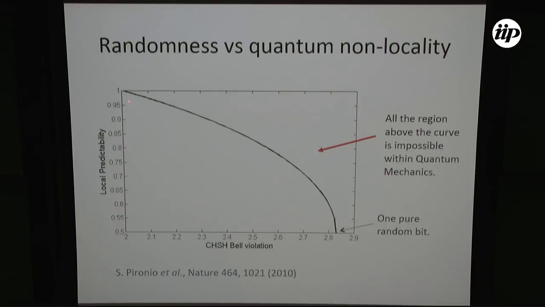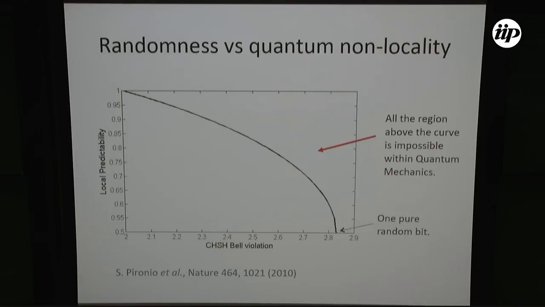So when I can guess perfectly, my error probability is 0, so my guessing probability is 1. The predictability is smaller than 1, and at the point of maximal Bell violation, which is 2 square root of 2, the number is perfectly random because you have 1/2.